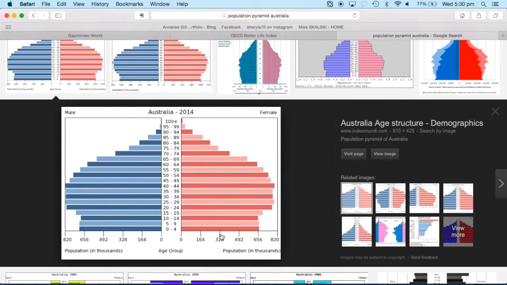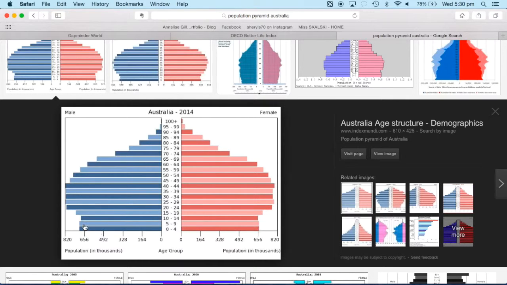So if we can have a quick look here, babies born in 2014. In 2014, between the ages of 0 to 4, we had 656 girls and probably about 600 and maybe 80 boys.